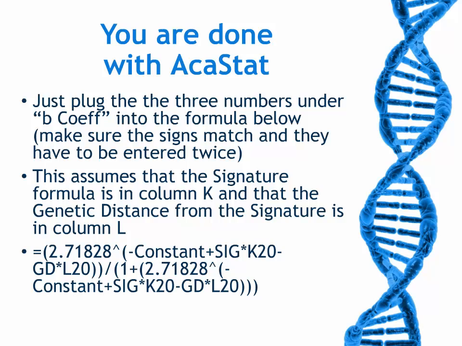Now, it has all three of these twice because this is just one equation over on the numerator side. The denominator has 1 plus the same equation. So you got to do this twice. You could create another formula to do it once, but that's probably not worth the effort.